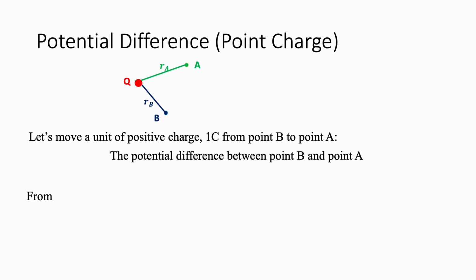Let's say we have a point charge where the value of Q is 1 coulomb, and we want to move it from point B to point A. The distance of the charge from point B is given as RB, and from point A is given as RA. We need to find the potential difference between point B and point A.